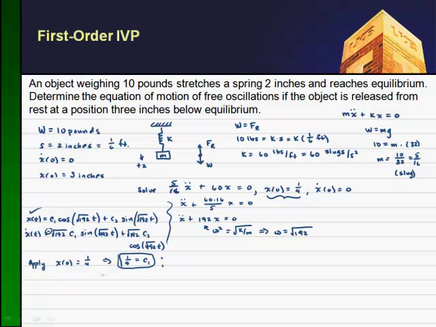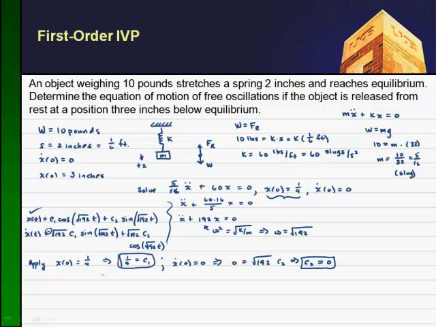Likewise, applying x dot of 0 equals 0, I have the negative root 192 times c1 times the sine of 0, which gives 0, plus root 192 times c2 times the cosine of 0, which is 1. So I end up with 0 equals root 192 times c2, which guarantees that c2 must be 0.